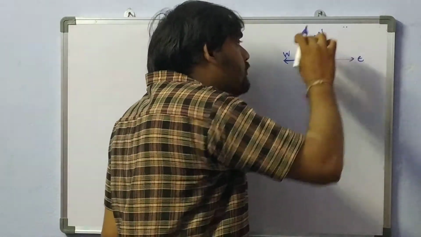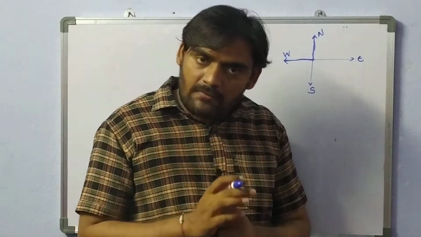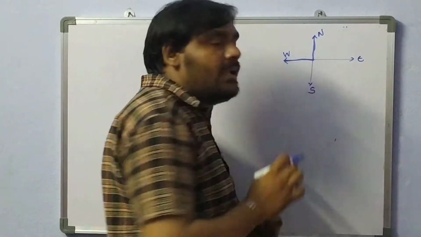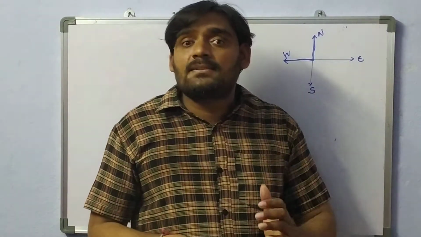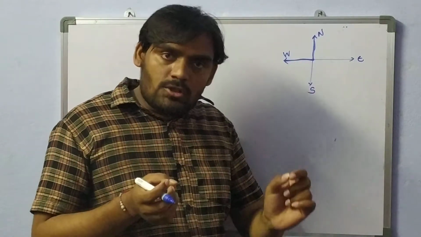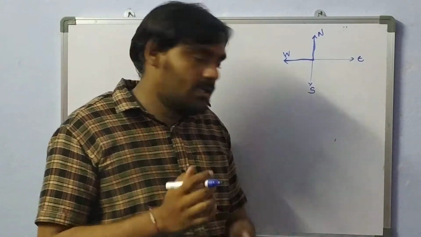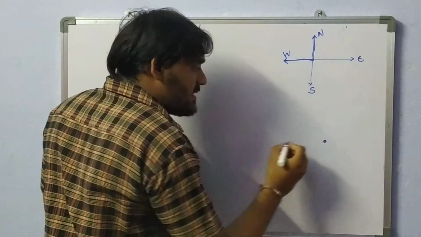See here, if you assume the speed of the second train is x kilometers per hour, then the speed of the first train is x plus 5 kilometers per hour. Why have I written it like this? Because according to the problem, we need to consider it like that. Now, this is the starting point, the railway station.